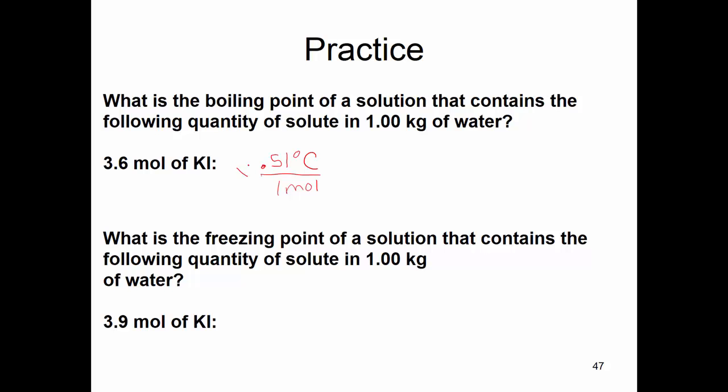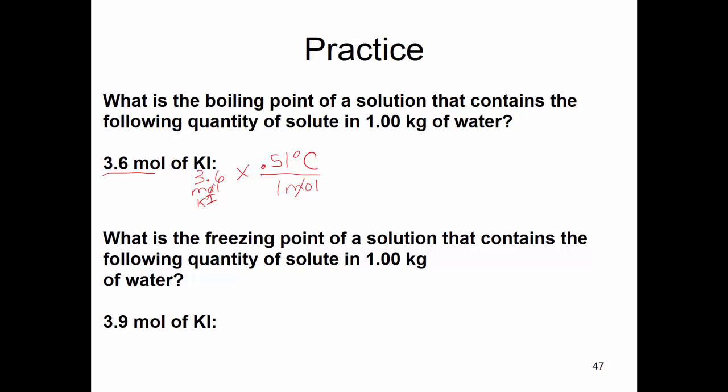All right, I kind of started in the middle here on accident, but we have 3.6 moles is what we're given in our problem. We always write out what we're given. I went ahead and wrote out what my conversion factor was first, but we want our moles to cancel.